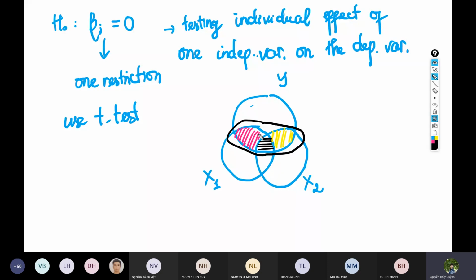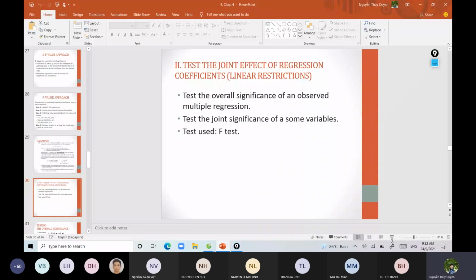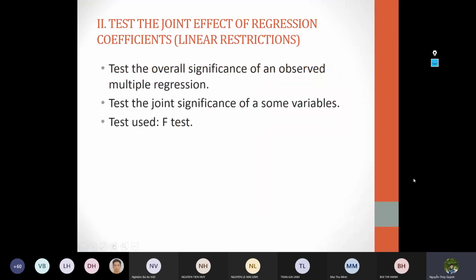Now let's test for the joint effect of regression coefficients, or the joint effect of some independent variables on the dependent variable. We also call this test the multiple linear restriction test in a regression model.